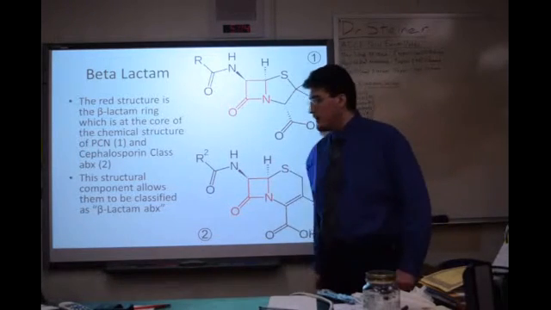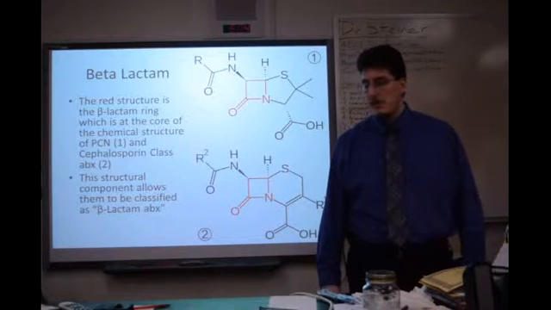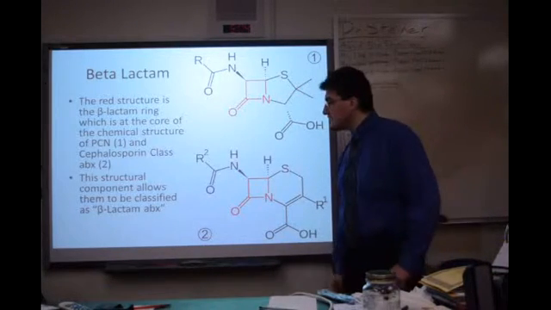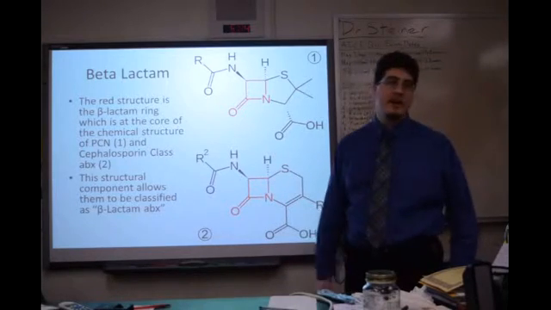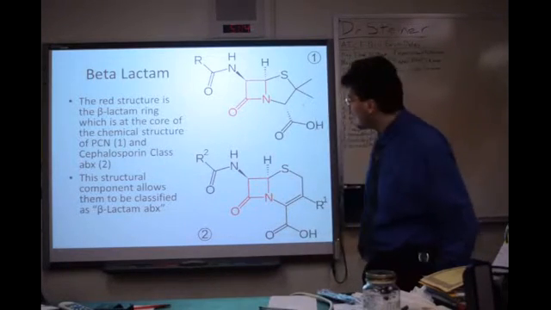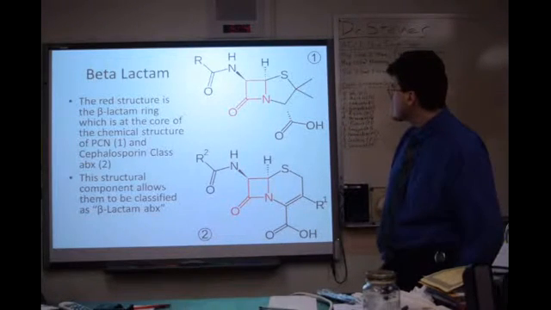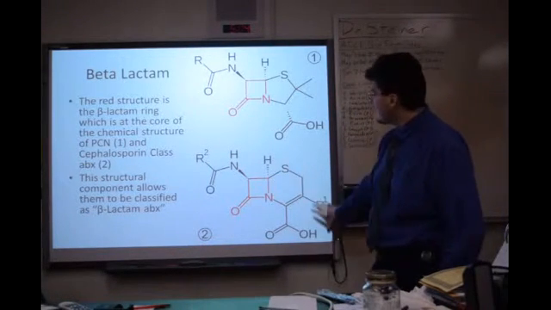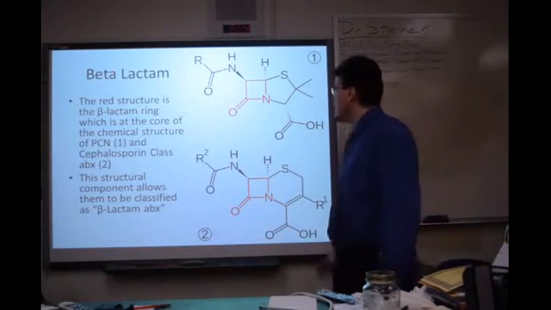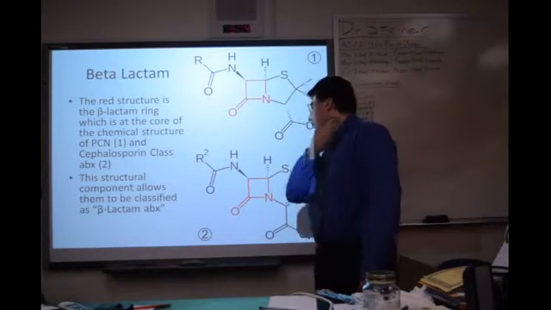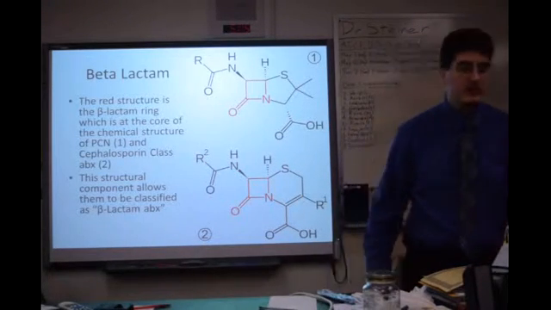cephalosporins. Some individuals are allergic to penicillin, and in some cases, that allergy carries over to cephalosporin antibiotics as well. It doesn't always, because there are significant differences in the shape. This group over here is considerably different in shape, so the reaction of the immune system is different in most cases.